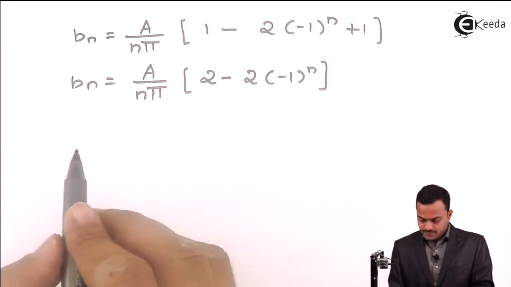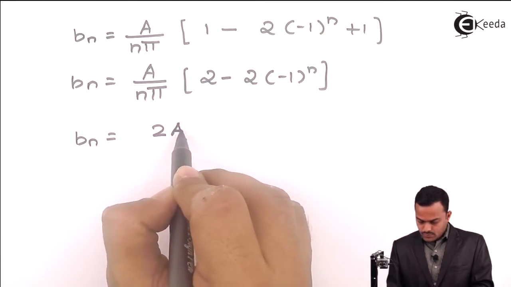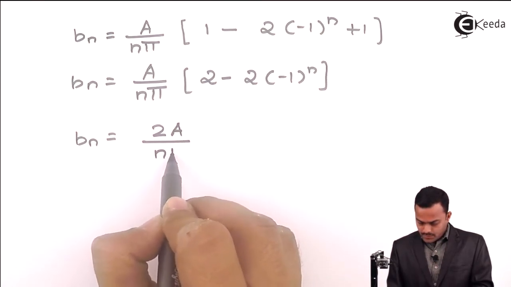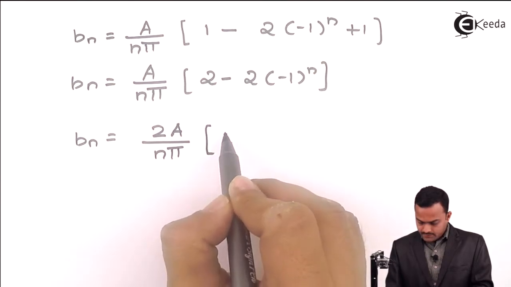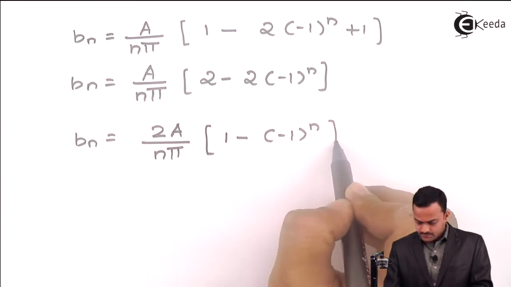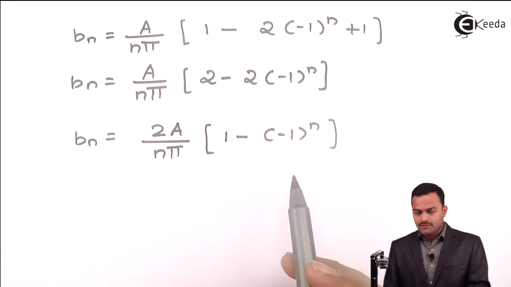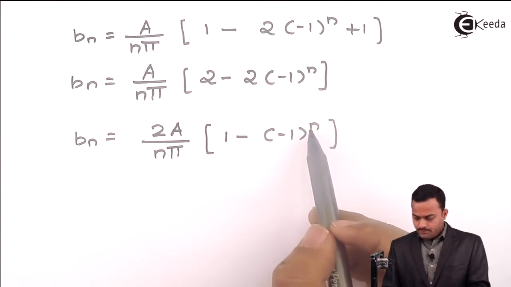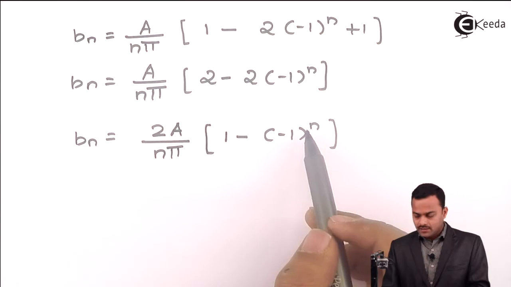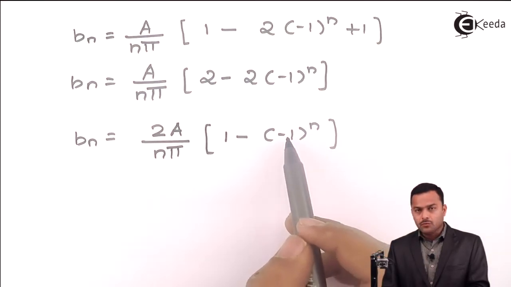I can take 2 common, so Bn is 2a upon n pi in bracket 1 minus minus 1 raised to n. Now we can make it specific by putting the values of n. If we put a value of n as an even number, minus 1 raised to that even number will always give you 1.